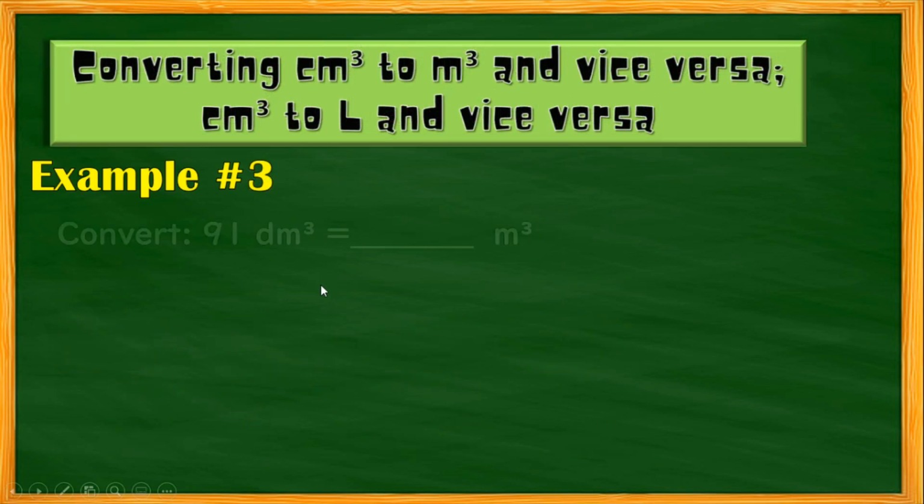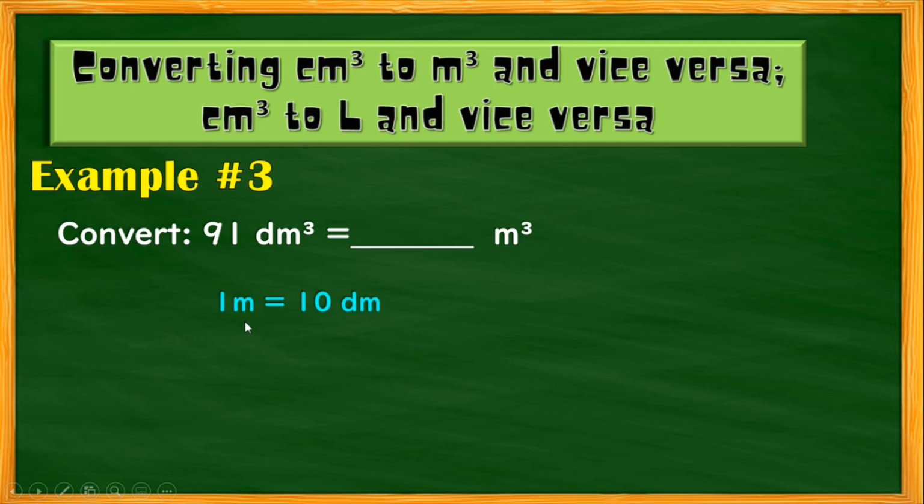Now, for example number 3, convert 91 cubic decimeter to cubic meter. Again, decimeter to meter is a smaller amount to a bigger amount. So this would be the process of division.